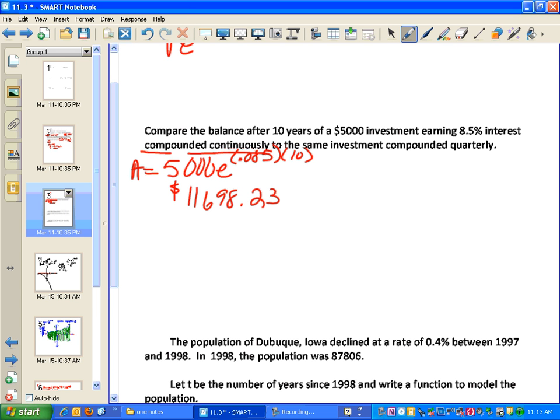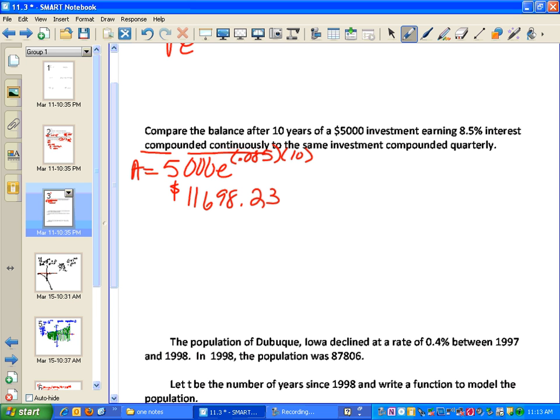It has nothing to do with radians. Try it again. Let me watch you put it in. Oh, see, here's your issue. You raised it to the .085, got an answer, and took that answer and divided it by 10. You do want to close your parentheses. Yes, that's what you want.